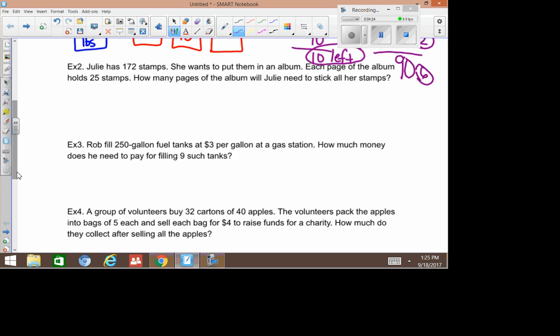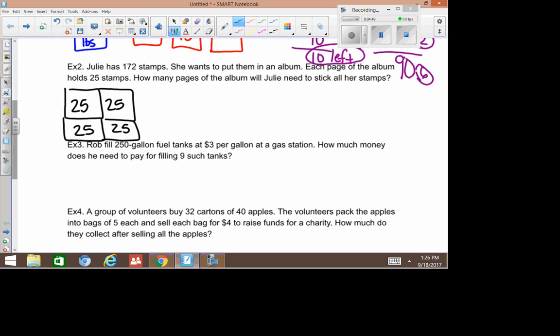Wow. Okay, so I got an album. I got a page, right? All these pages, right? Each page is going to hold 25. What am I doing to that 172? Count 25.